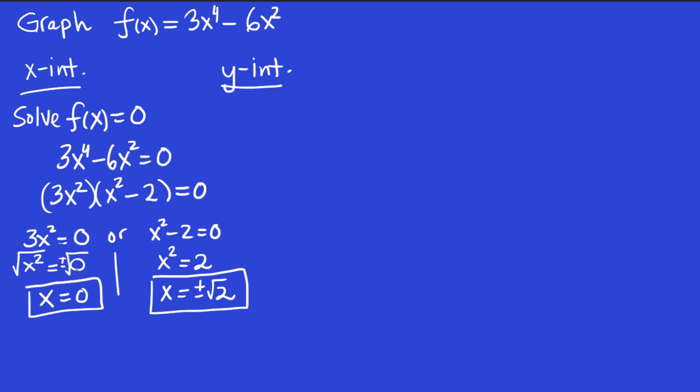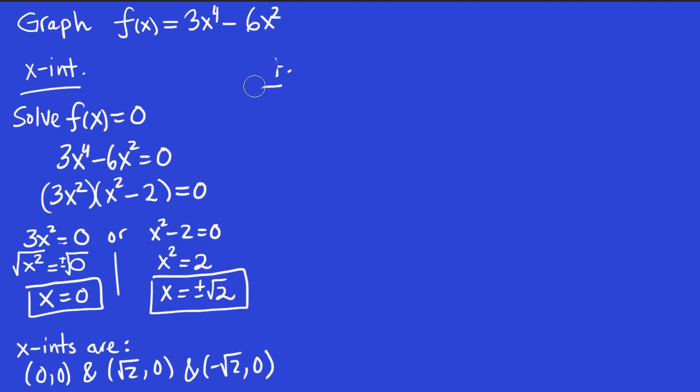Since plus or minus 0 is just the same thing as 0, over here we just get one answer, but over here we actually have two answers. So the x-intercepts are, this is our conclusion, 0, 0, and root 2 comma 0, and negative root 2 comma 0.